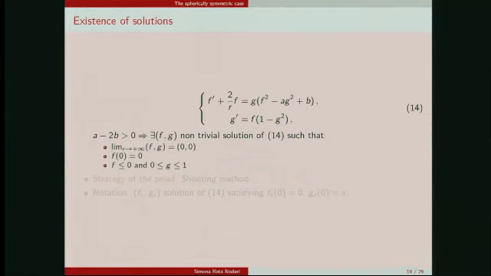Our proof shows also that f is always negative and g is always positive and smaller than 1. To prove this fact, we use a shooting method. Let me give a sketch of this proof.